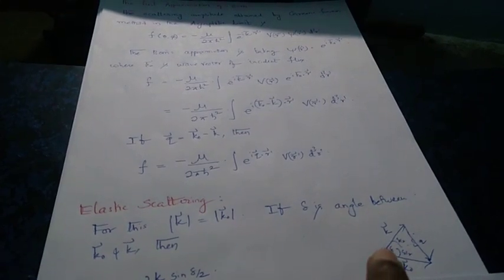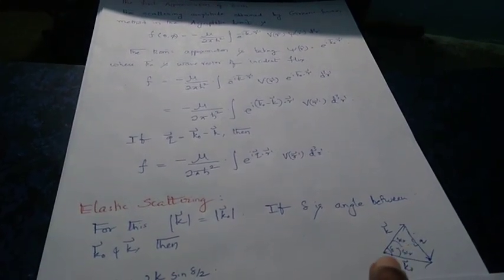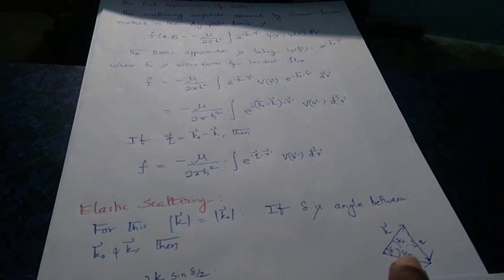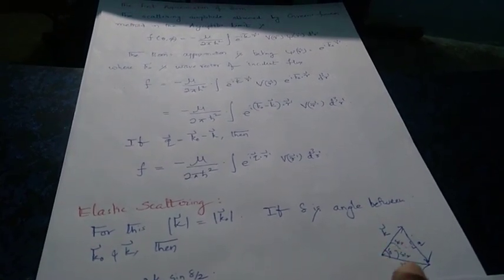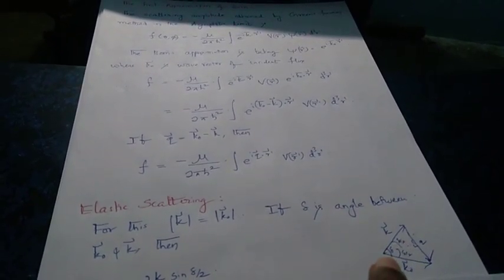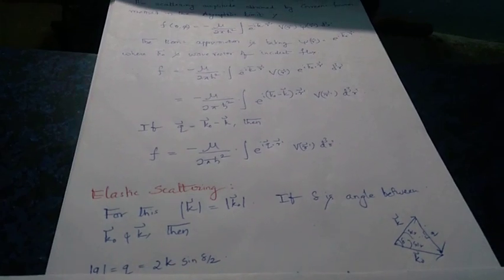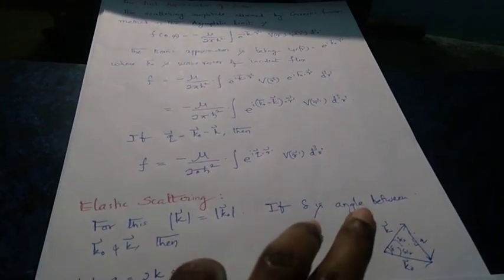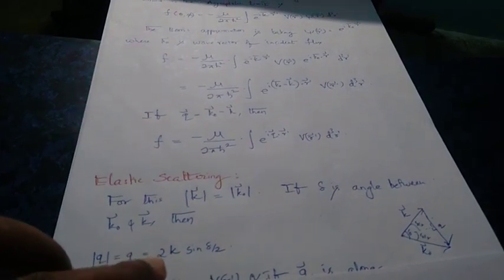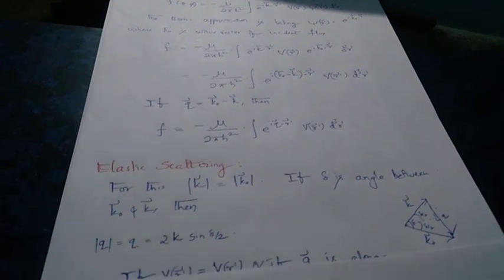If we take a perpendicular onto this q vector, which makes angles delta by 2 here and delta by 2 here, then if you take sine delta by 2 in either of these triangles, we will see that the length of this total q will be just 2 times k into sine delta by 2.